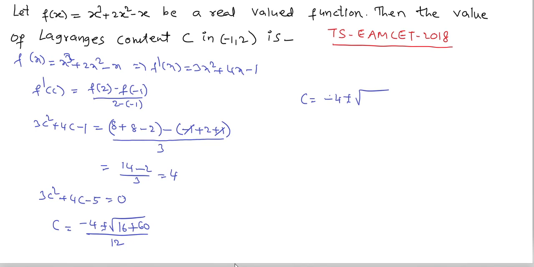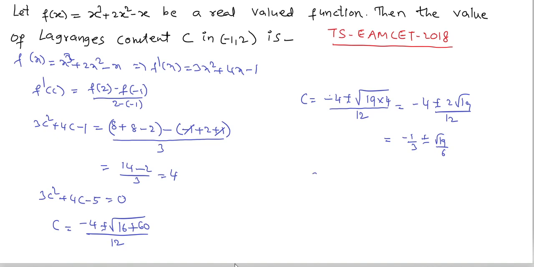Root 76 is written as root of 19 into 4, that is 2 root 19, by 6, that is equal to minus 4 plus or minus 2 root 19 by 6, that is minus 2 plus or minus root 19 by 3.